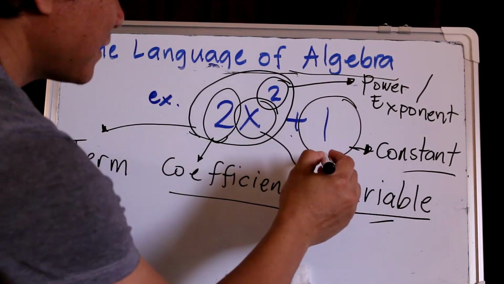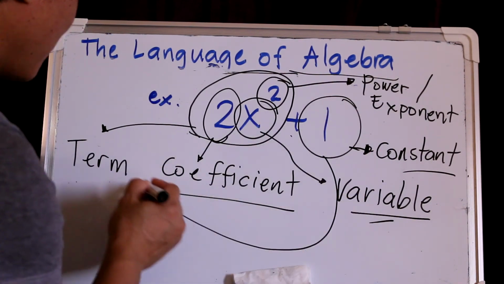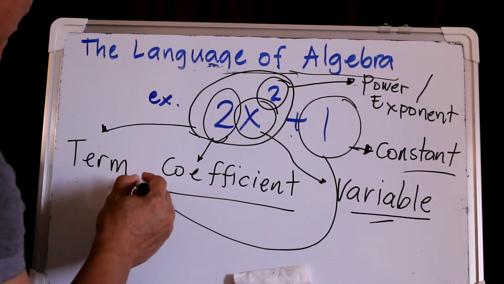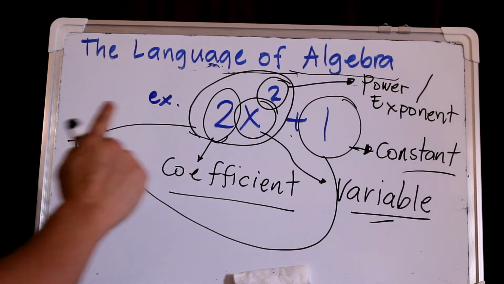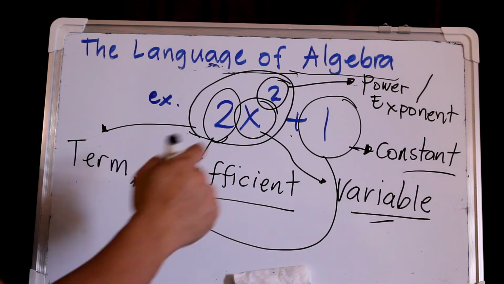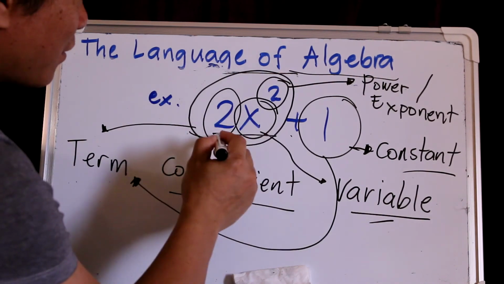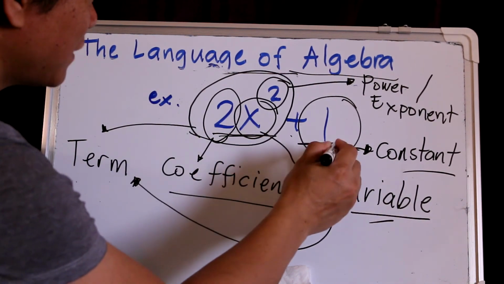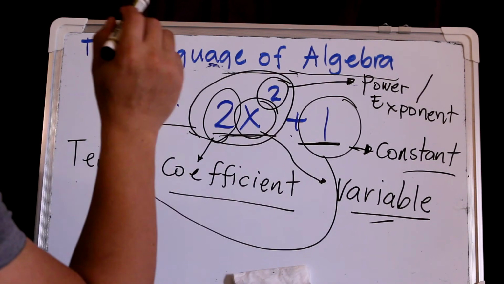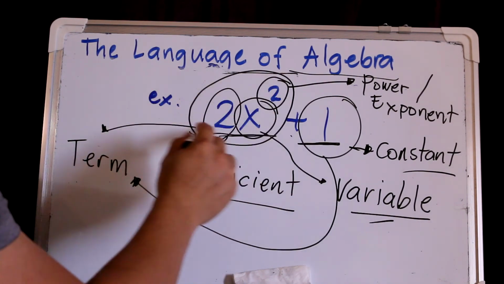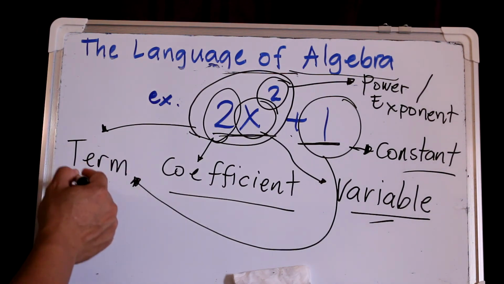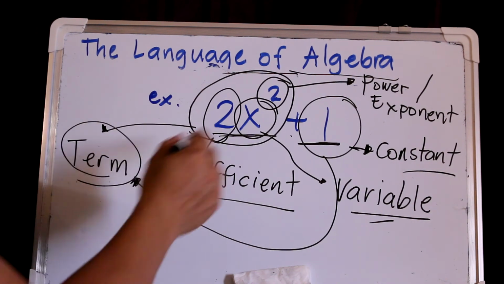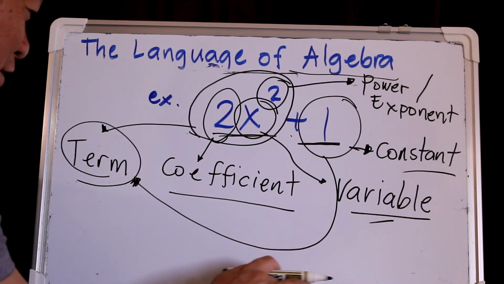The constant can also be a term. How many terms are there? This is a binomial which has two terms, one the constant, and one term here. So this is an algebraic expression of two terms.